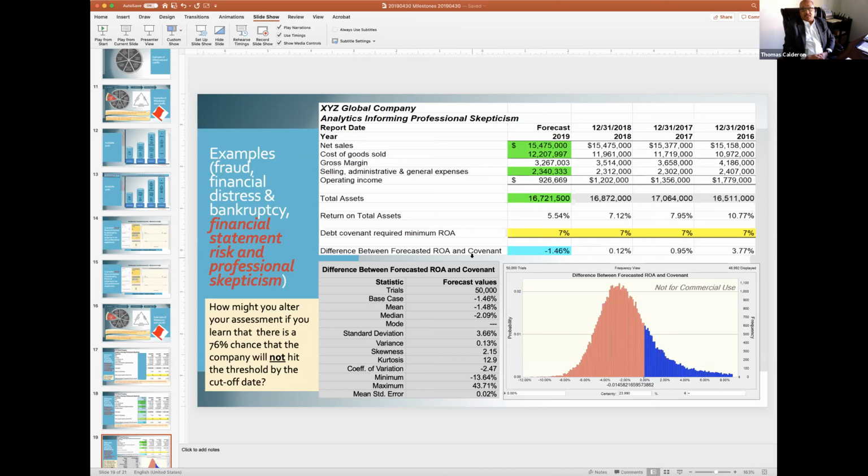They would feel significant pressure to manage earnings in such a way that they achieve that debt covenant. They would also have an incentive to manage earnings to achieve that debt covenant.